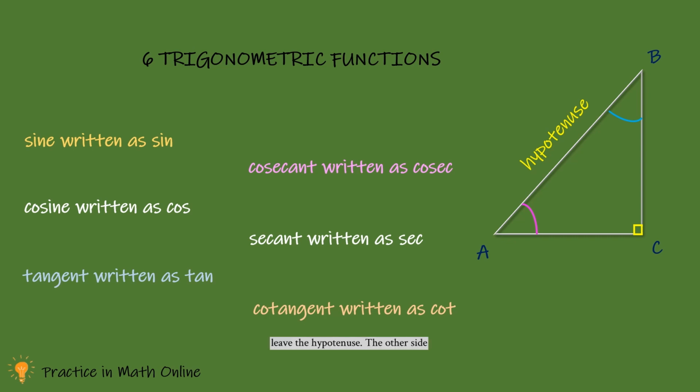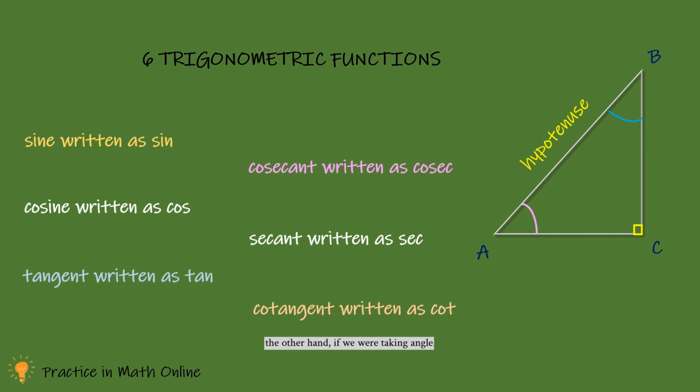We leave the hypotenuse. The other side attached to angle A will be called the base. And the side in front of angle A, that means opposite to angle A, which is not attached to this angle, that means the side BC, will be called the height.